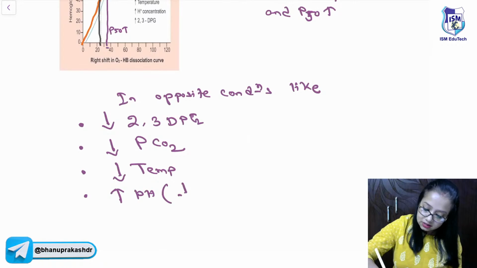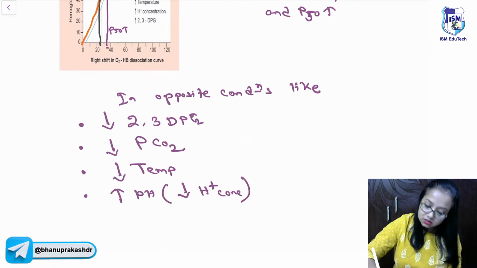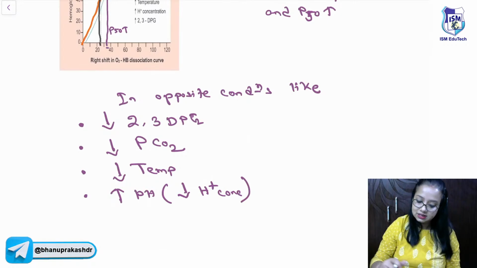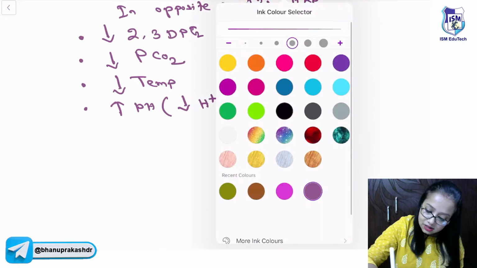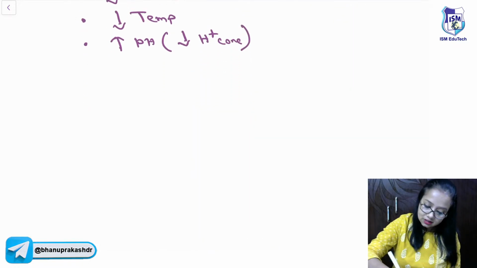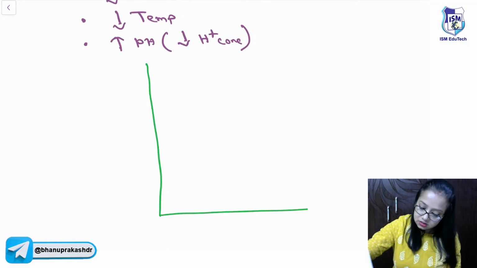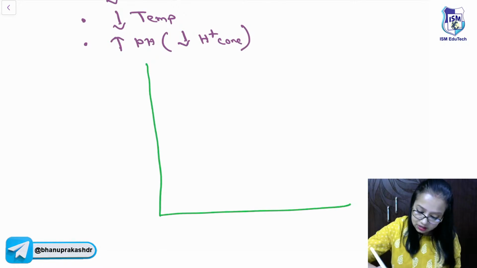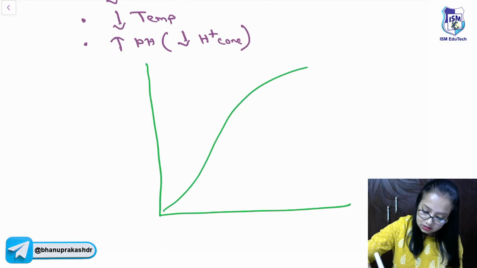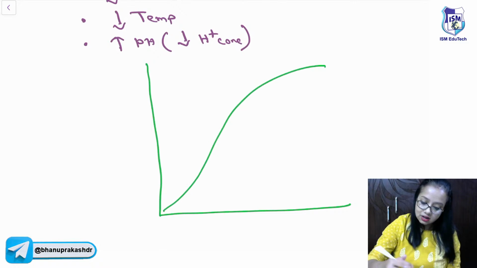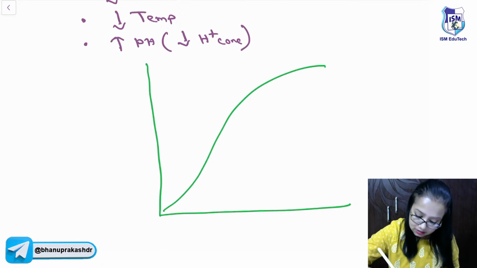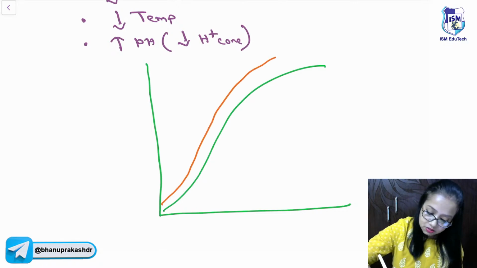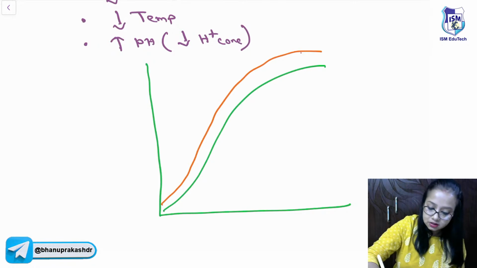That means decrease in H plus concentration, meaning decrease in acidity. In all these conditions, what will happen? If we draw the same sigmoid curve in normal condition, now in all these conditions, which are opposite to the Bohr effect, the sigmoid curve will move to the left.